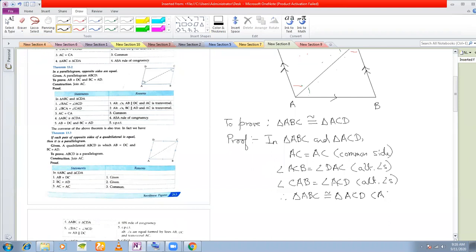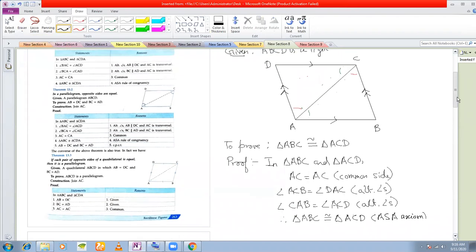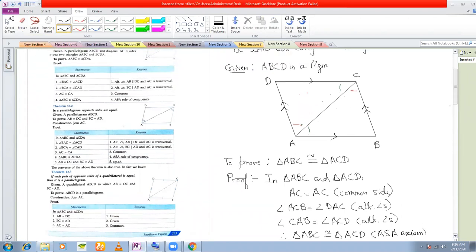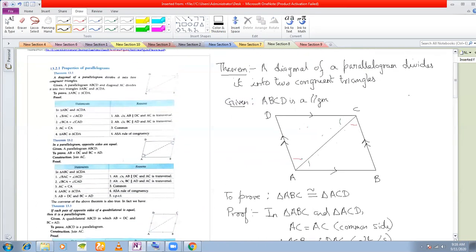This is by ASA axiom. And this is what we needed to prove, that these two triangles are congruent. So we finish the proof. So very small proof. All these proofs are actually small. Next theorem is, in a parallelogram, opposite sides are equal.